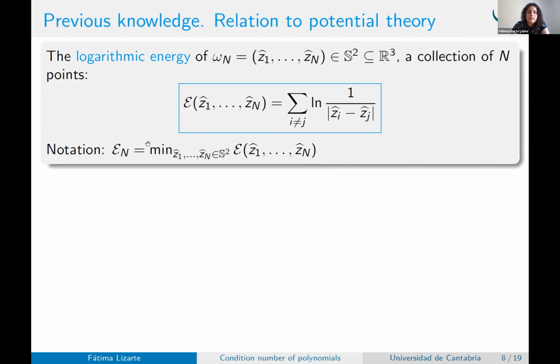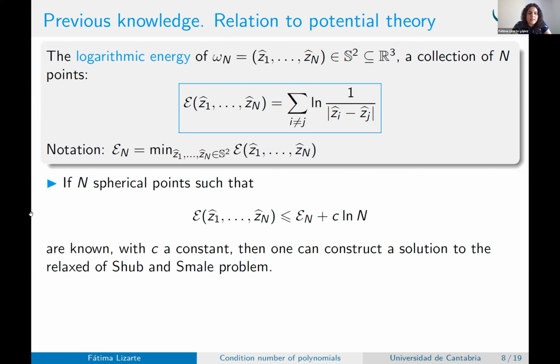And let us denote by this the minimum possible value of the logarithmic energy among all collections of n spherical points. Shub and Smale proved that if n spherical points are known such that their logarithmic energy is very close to the minimal logarithmic energy in this way, then one can construct a solution to the relaxed problem of Shub and Smale.